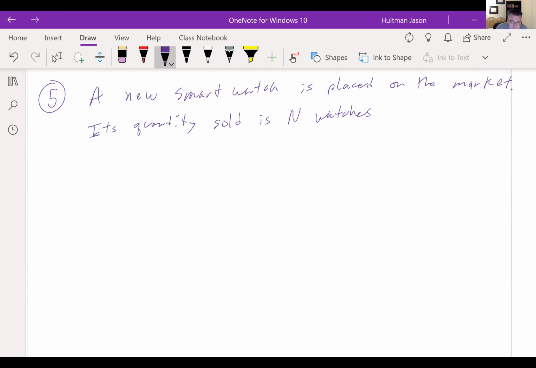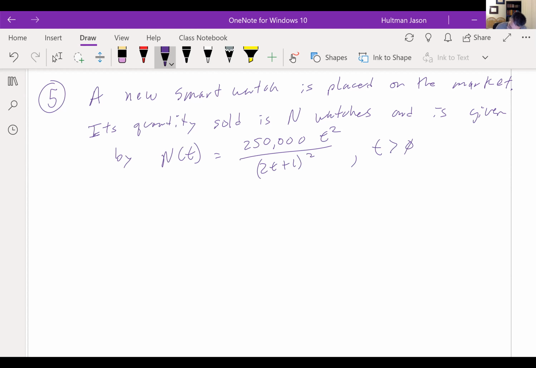Quantity sold is N watches and is given by N of T equals 250,000 T squared over (2T plus 1) squared, where T is greater than 0 and T is time in weeks. Okay, T is time in weeks.